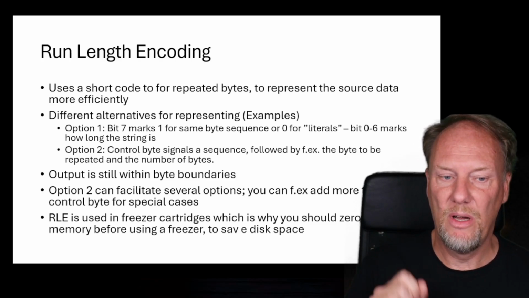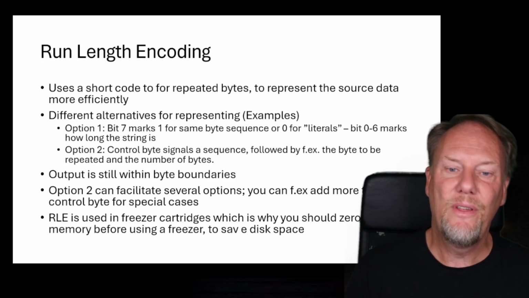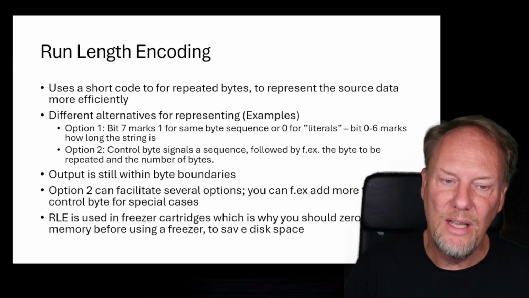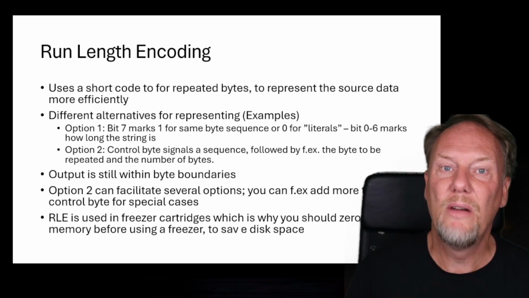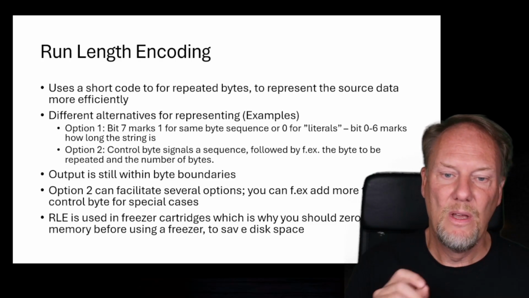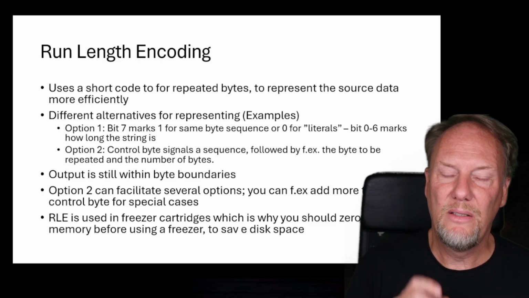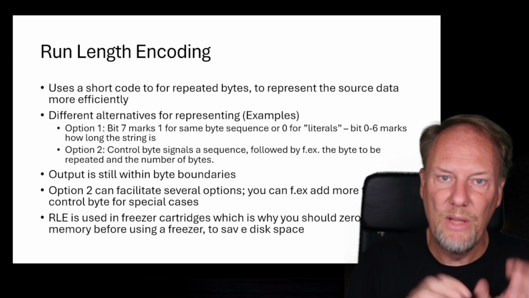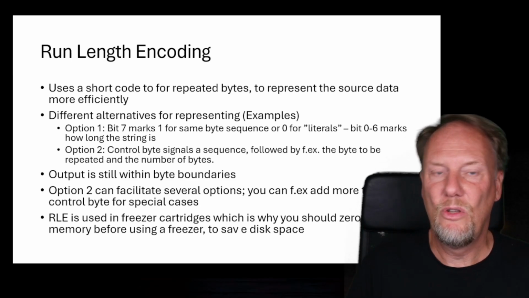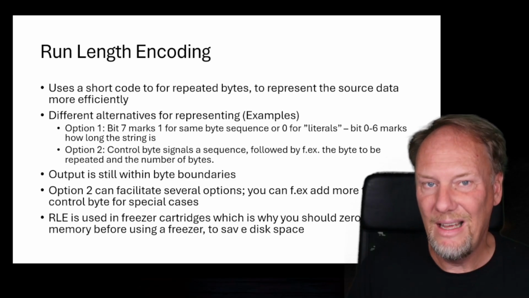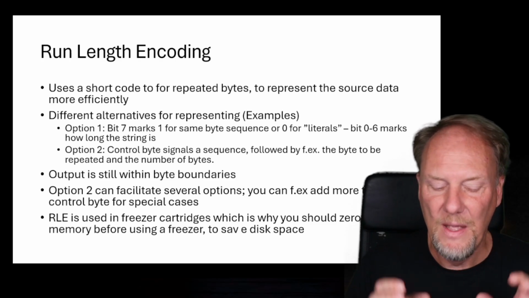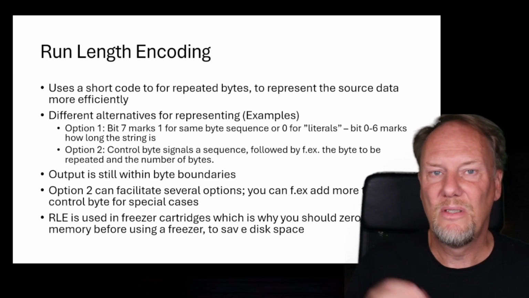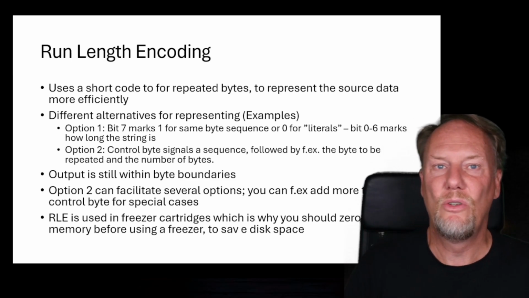That becomes a signal. So everything is a literal until you find that byte that is signaling that, okay, here comes a parameter. When that is found, the next 2 bytes would be the number of repetitions and the byte that should be repeated.